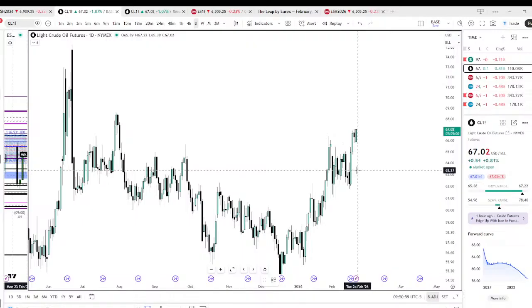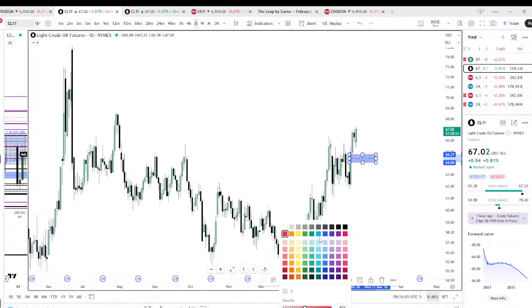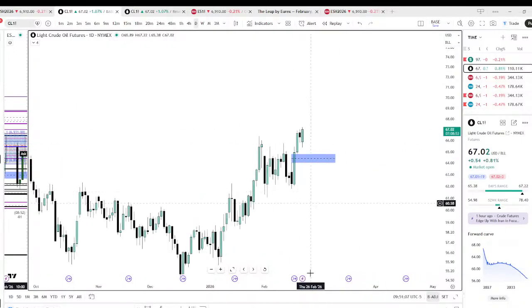But we'll draw it out just as a place marker, because we also have this one that I might just use as means to get out of the range.